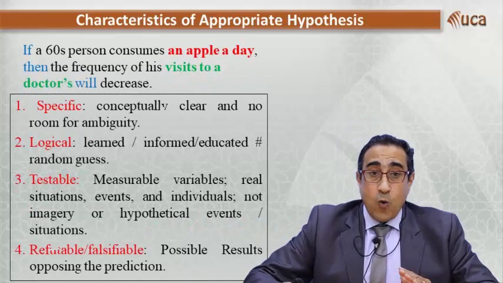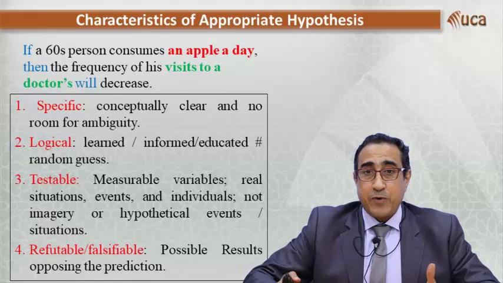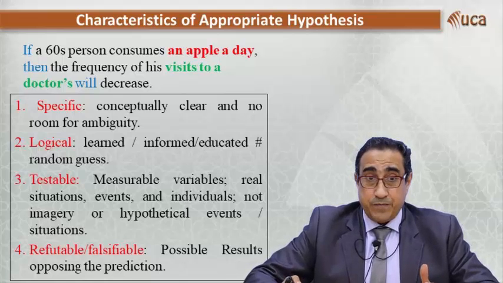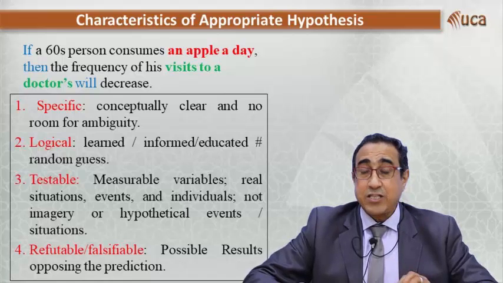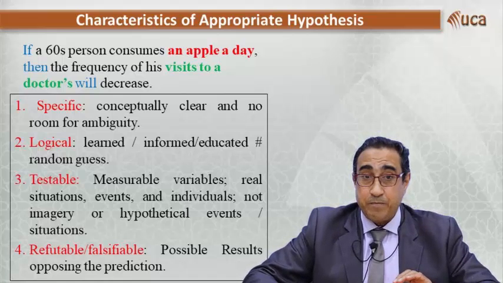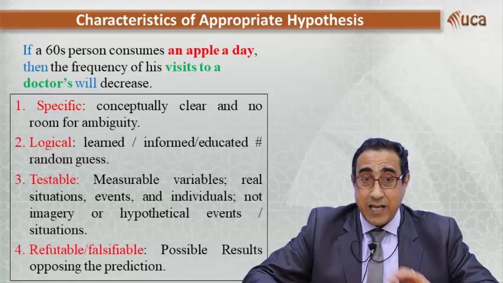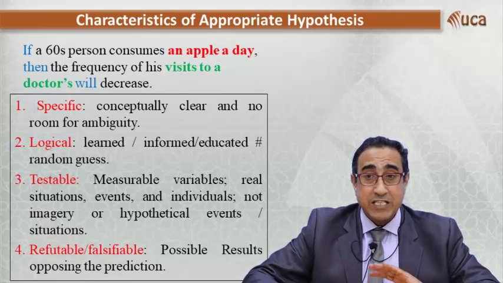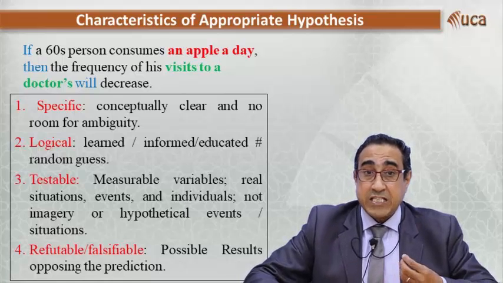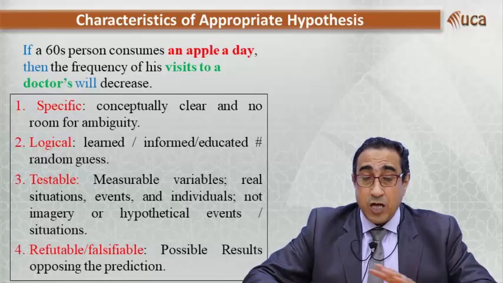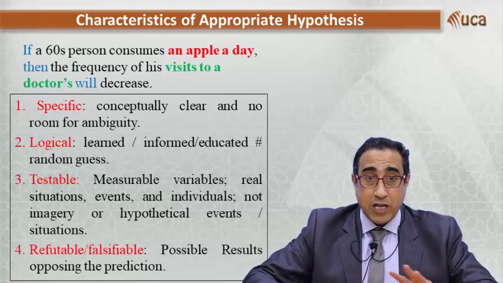Now, what are the characteristics of an appropriate hypothesis? We have an example, the same example. So the first thing is that it should be specific. It means that it should be clear and there is no room for ambiguity. Here, in this example, we are talking about a 60s person, not youth, not children.